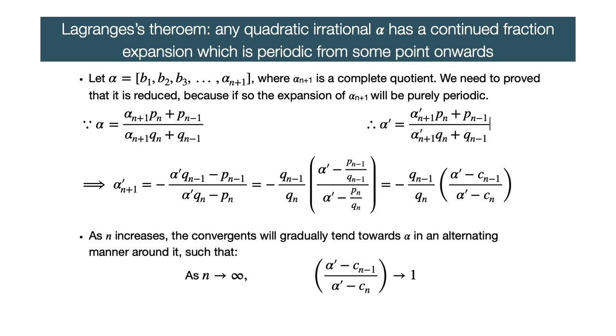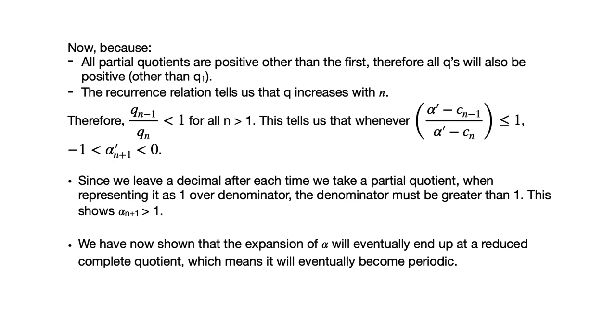Next, we rearrange for alpha_{n+1}, and we factorize it. We can see that for the second part, as n increases, it's gradually going to tend towards 1. Now, because all partial quotients are positive other than the first, all the q's are going to be positive other than q_1, and the recurrence relation tells us that q increases with n. Therefore, the first part is always going to be less than 1.